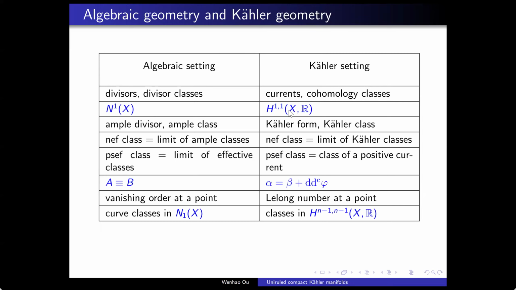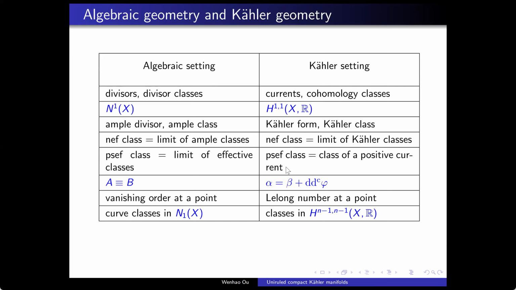We consider the space of these cohomology classes. They are H^{1,1}(X,R), given by Hodge theory. These are the classes of closed real (1,1)-forms. For ample divisors and ample classes, we consider Kähler classes instead. Nef classes are just limits of Kähler classes inside this H^{1,1}.